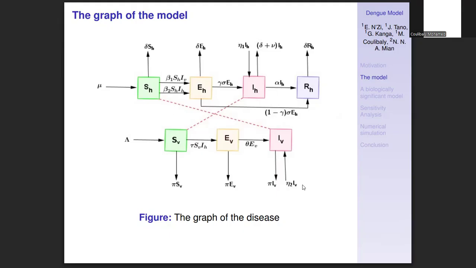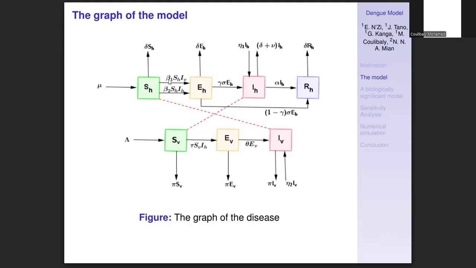We have the same figure in the population of vectors, where eta 2 represents the proportion of newly born infected in the population of vectors, and this infection is due to maternal transmission.